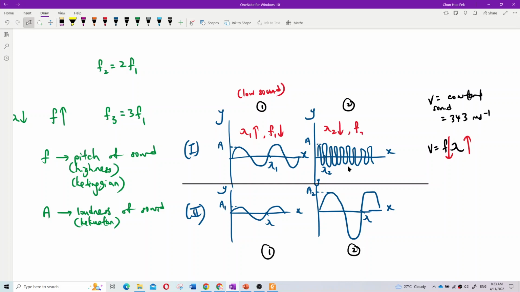So this one you can hear higher frequency. Higher frequency means very high sound. This one low pitch. This one high pitch. Understand? How to demonstrate? Low sound. This one high pitch. See?